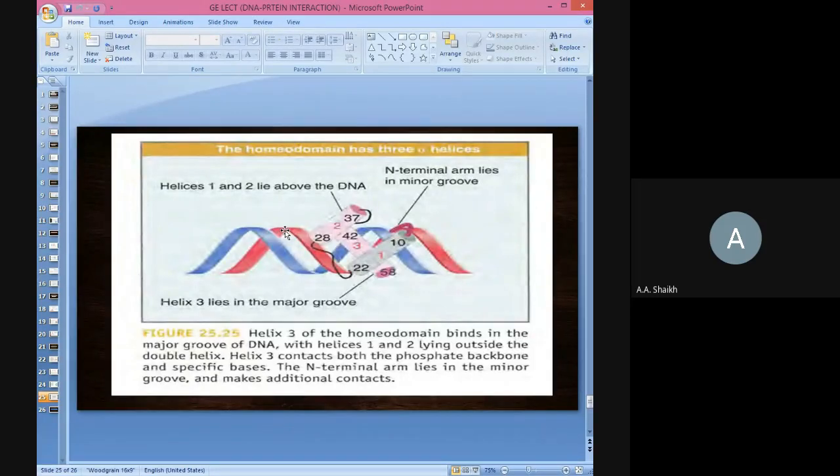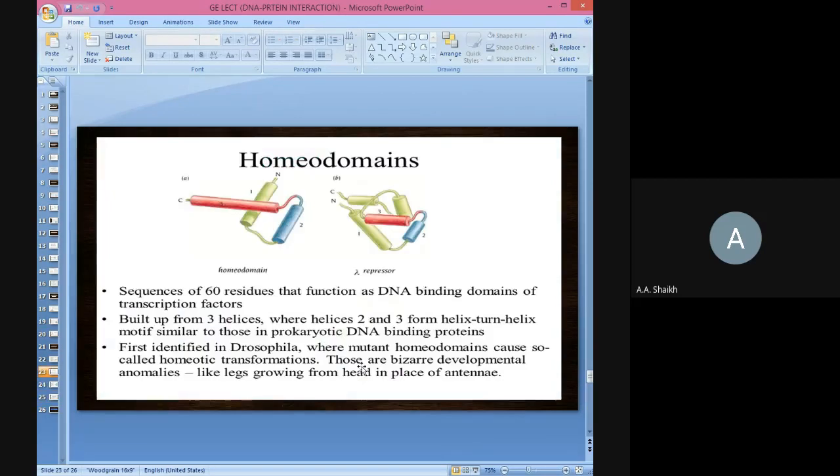The position actually interacting with the major groove is helix number 3. The two other helices lie above it, and the N-terminal is on the first position. This was helix number 1.